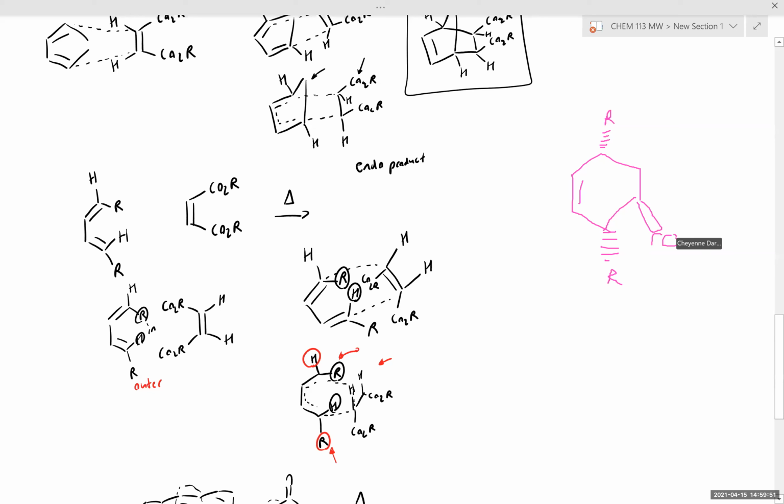And I would pay special attention to the orientation of the alkyl groups on the diene.